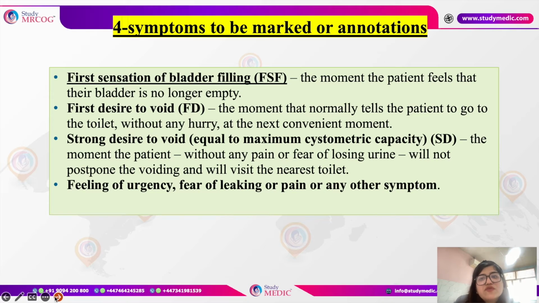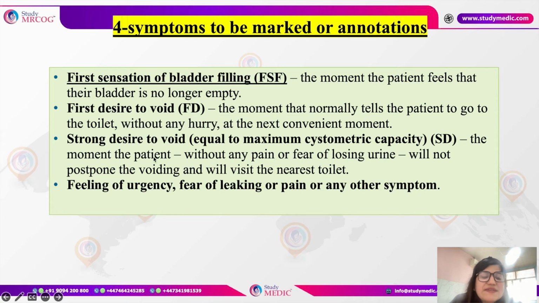Now, there are four symptoms to be marked or annotated. The first one is: when does the patient have the first sensation of bladder filling? This is the moment the patient feels that the bladder is no longer empty. The second thing you have to record is FD, the first desire to void. It is the moment that normally tells the patient to go to the toilet without any hurry at the next convenient moment.